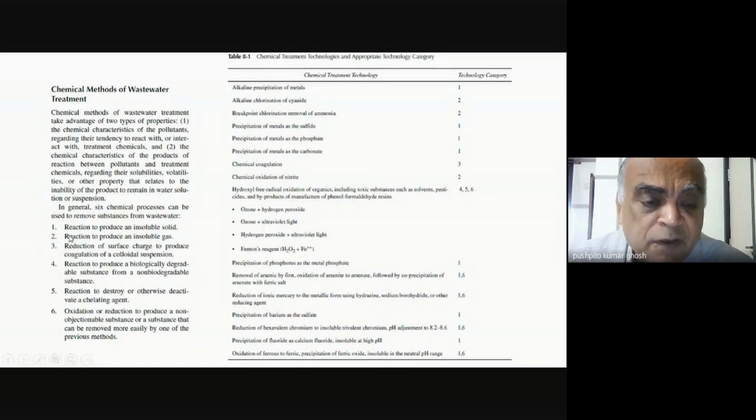But what you might find is that there are certain constituents which I can treat and convert into an insoluble gas. I'm talking about a harmless gas, ideally, because it's going into the air. So it cannot be something harmful.